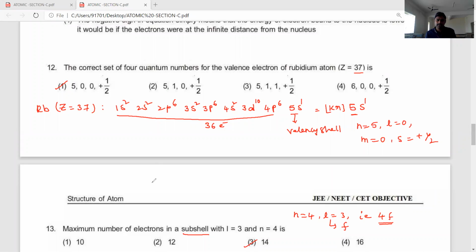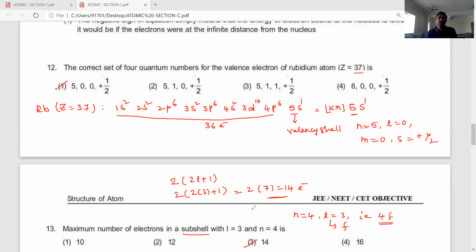The formula to find the maximum number of electrons in a subshell is 2 into (2L plus 1), which is 2 into 7, equal to 14 electrons.